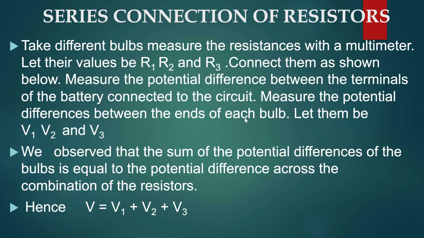Let them be V1, V2 and V3. We observe that the sum of the potential differences of the bulbs is equal to the potential difference across the combination of the resistors. Hence, V equals V1 plus V2 plus V3. And remember, children, that the current flowing in a series connection is the same throughout. There is only a single path of flow of current.